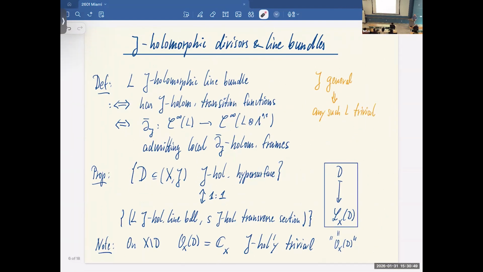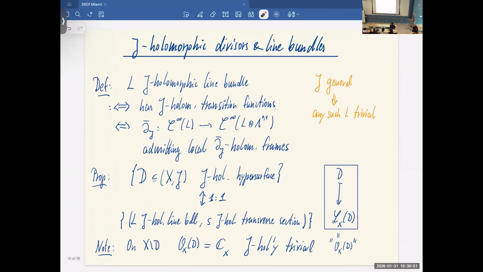Okay, so let me first say a little bit, some trivialities on J-holomorphic divisors and line bundles. Essentially, everything goes as you expect, but let's spend a minute to convince ourselves that it's actually the case and where there might be some pitfalls. There's an obvious notion of a J-holomorphic line bundle.